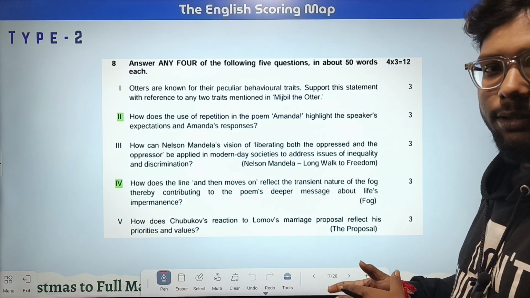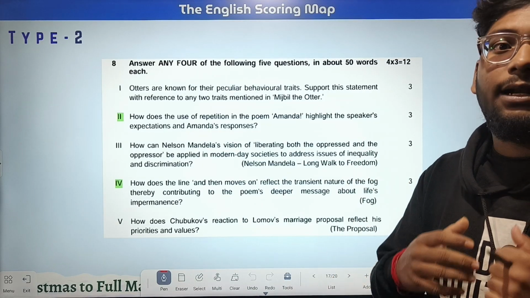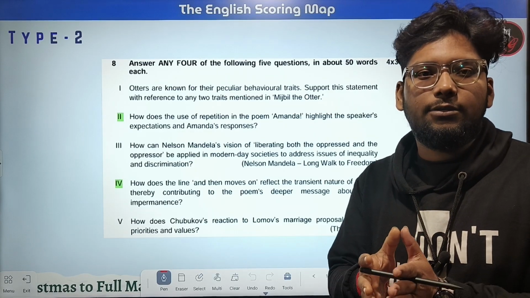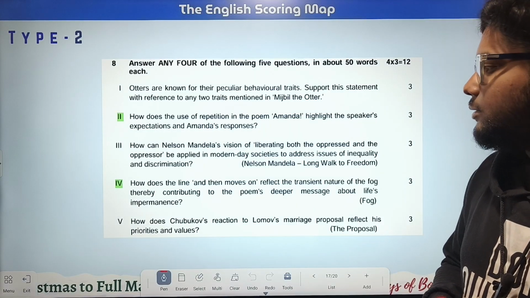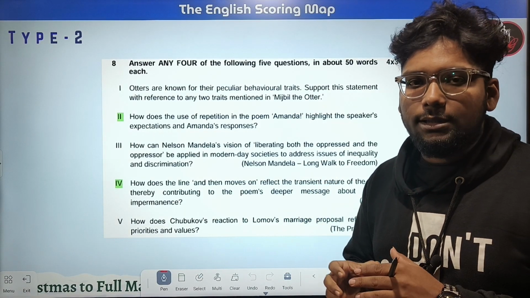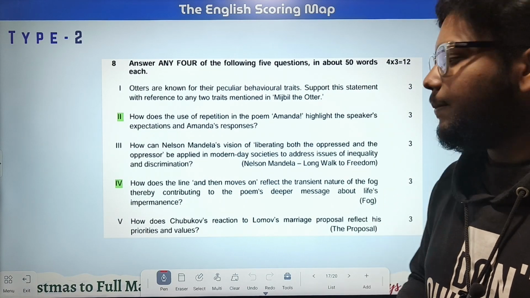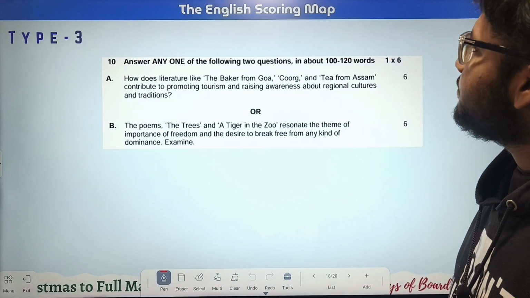We can put up the theme, a little bit of comparisons if there are any. Like the fog is compared to the cat's walk, right? So all these things we have to put up in the answer, and the answer will be good to go, and we will be ready to get 3 marks. Okay. Now let's move on to the next slide.